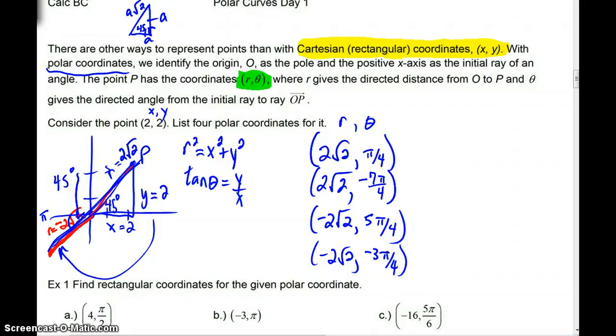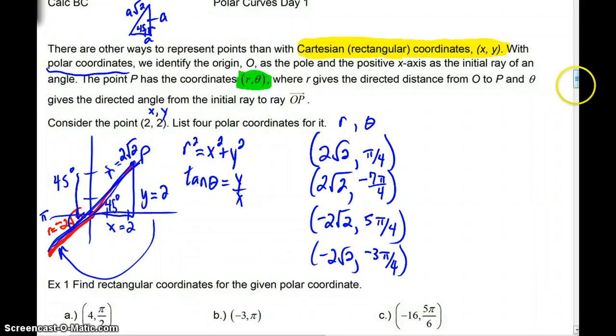But again, what are we seeing? Negative r values may be used to represent a point. However, we have to move to the opposite quadrant to be able to represent it. The angle in question will always be found in essence 180 degrees, or equivalently pi radians, away from the original point.